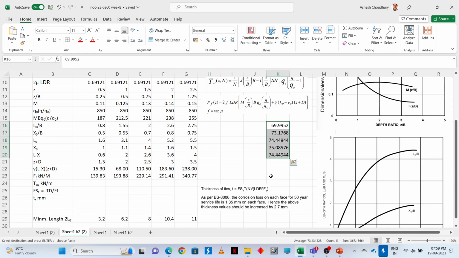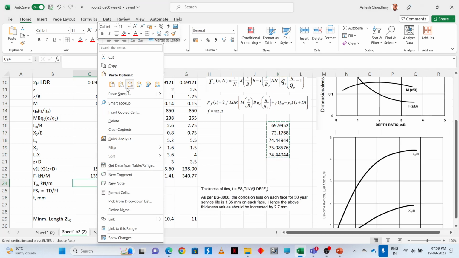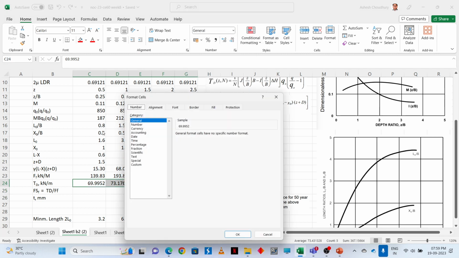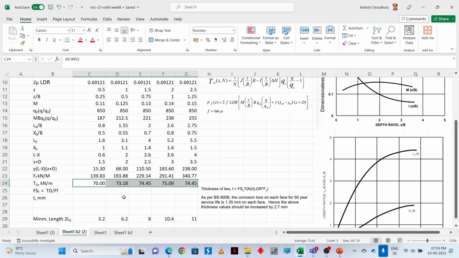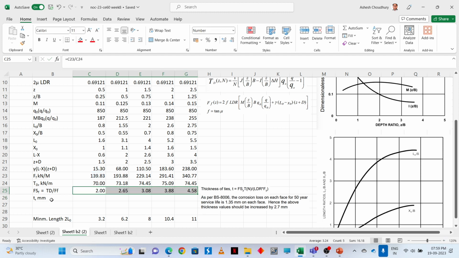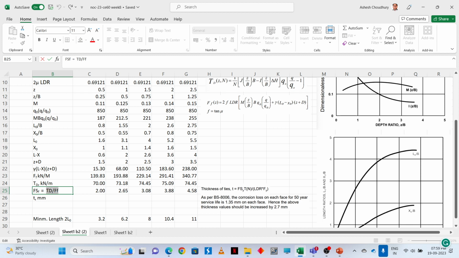That is the load coming on each layer. Delete it. Right. So this divided by this. Oh, what did I write here? It should be FF by TD, right?